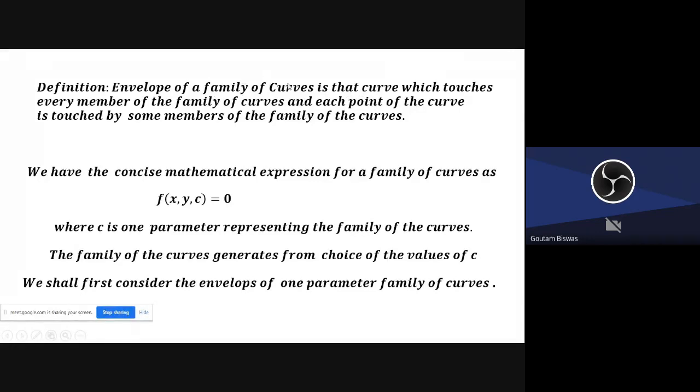So the equation of the family of the curve is this, and the envelope of this family of the curve is that curve.